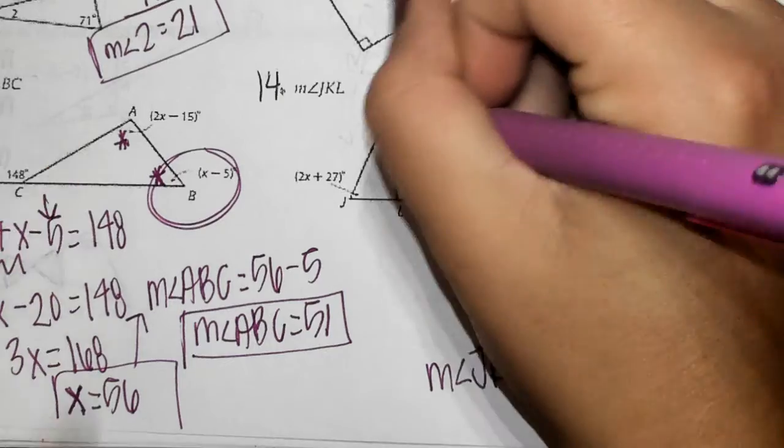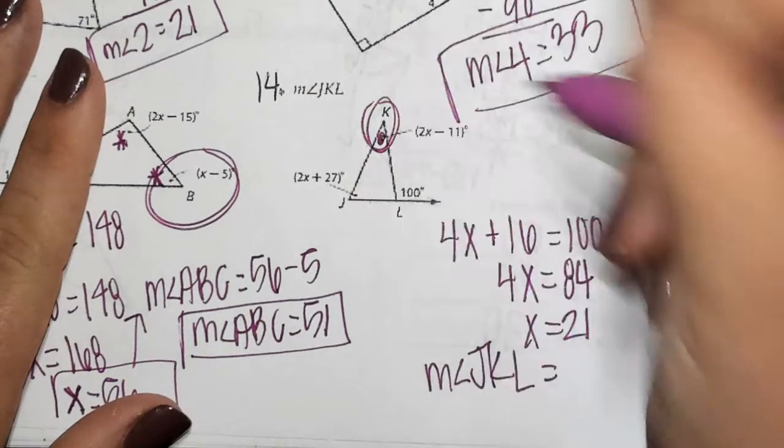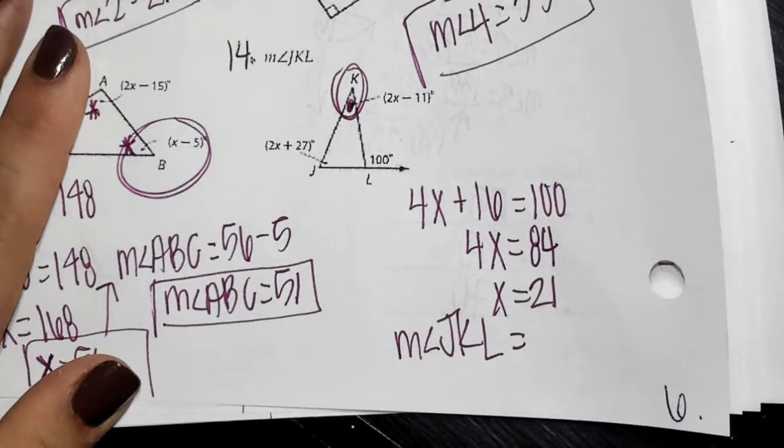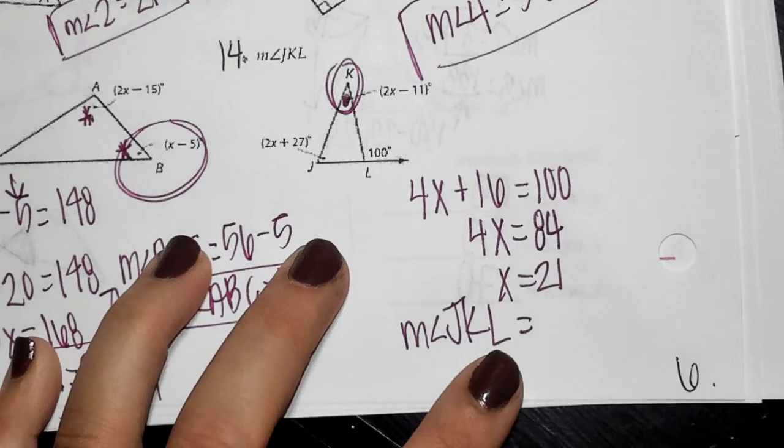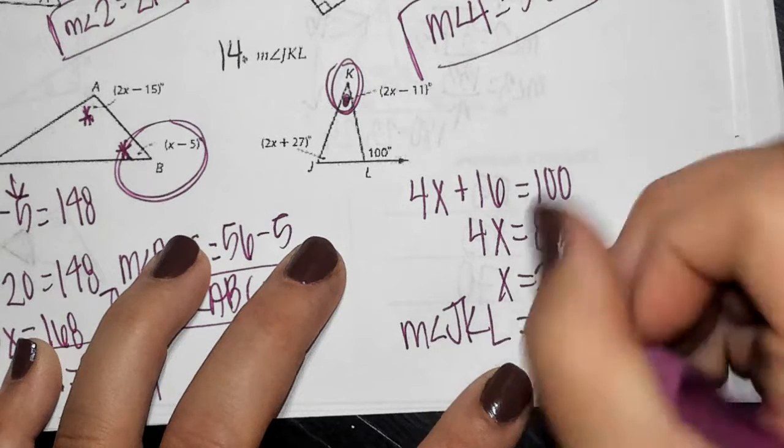Oh, never mind. Okay, so that's this angle. So you have 2 times 21 minus 11. Did y'all get 31?